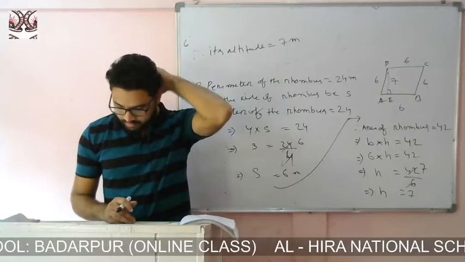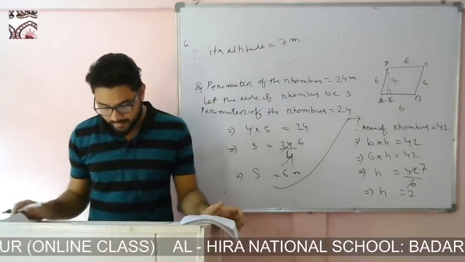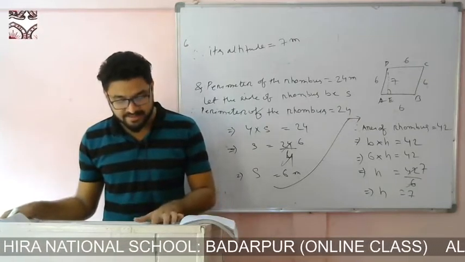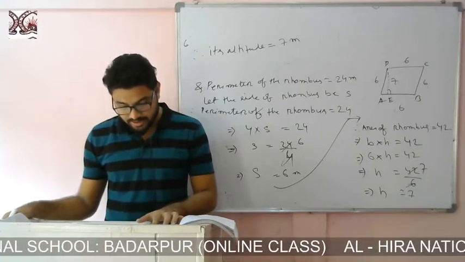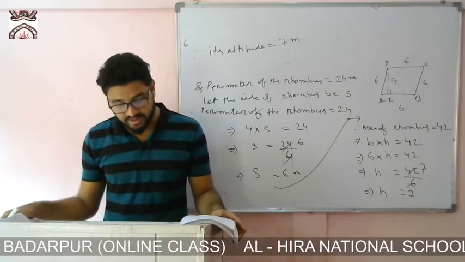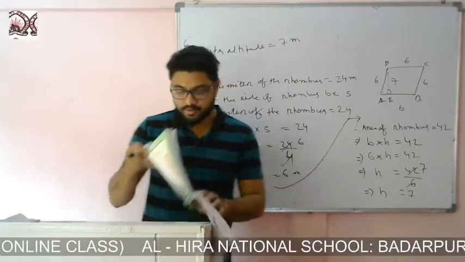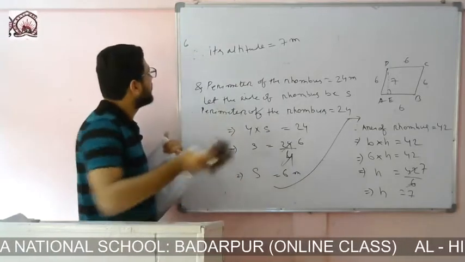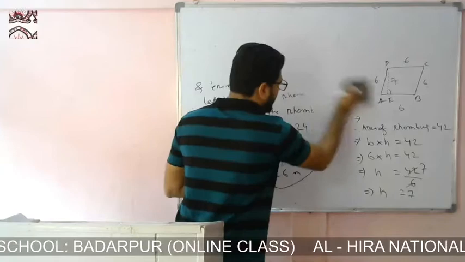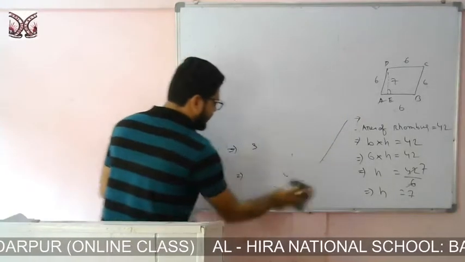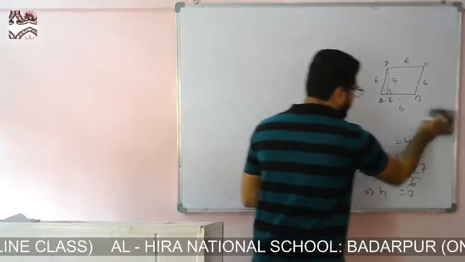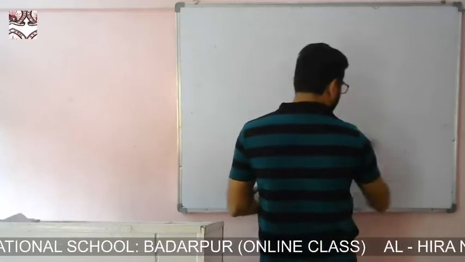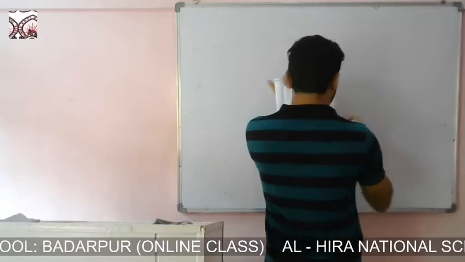So how to find the heights of the parallelogram? First, with the help of base 7 centimeter, we will find the height. After that, with the help of base equals 4 centimeter, we will find the height. See the diagram.